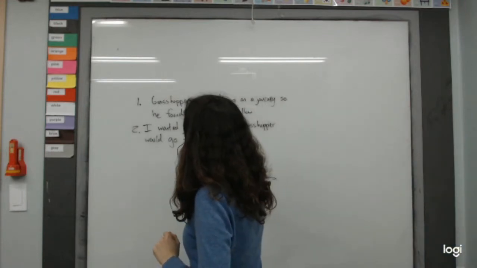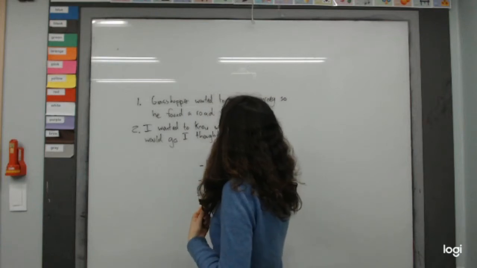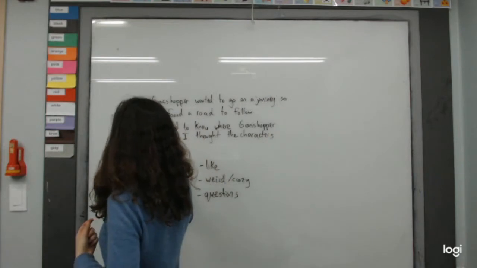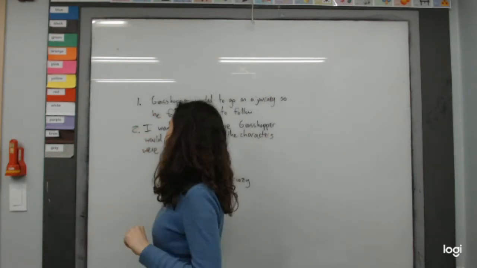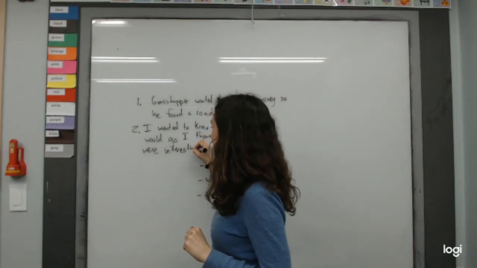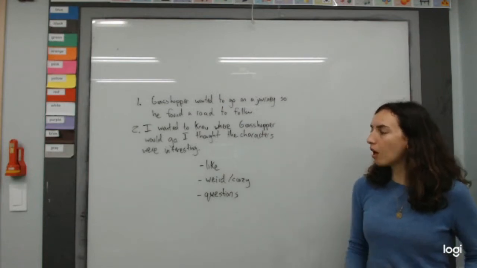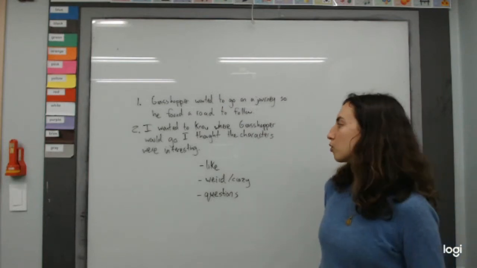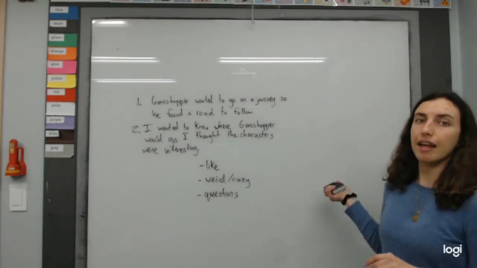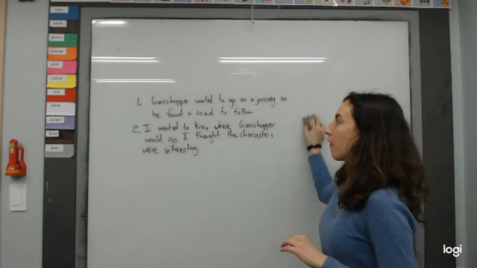Also, I thought the characters were interesting. I liked the characters. I thought they were weird and a little crazy, but fun crazy, not boring crazy. So I wanted to read the book because I wanted to know where Grasshopper would go, and I thought the characters were interesting. Okay? So write that down, and then I will erase this. Stop the video if you need to finish writing.